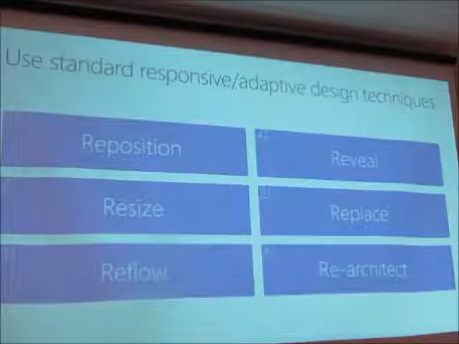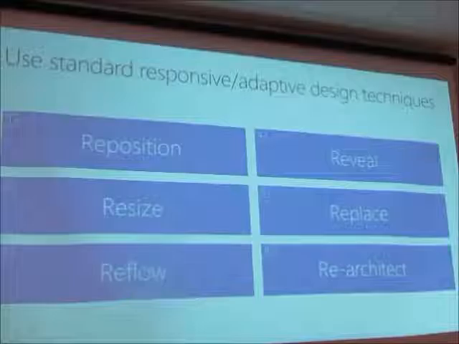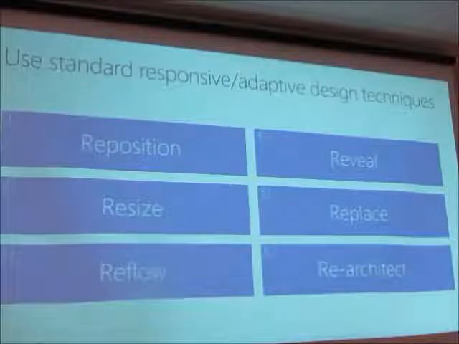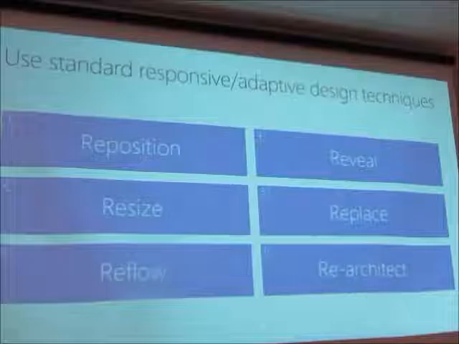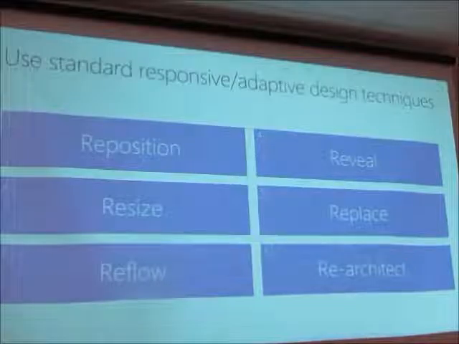And for this, you use different techniques. You can reposition some elements. For example, for big screens, you have picture on the left, text on the right. For smaller screens, you shuffle them, and you have picture on top, text on bottom. You can hide some elements, show some elements, simply resize them, replace them with different items.